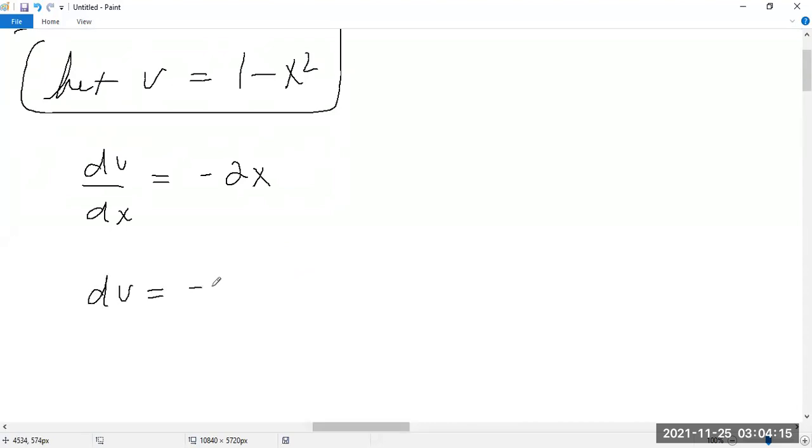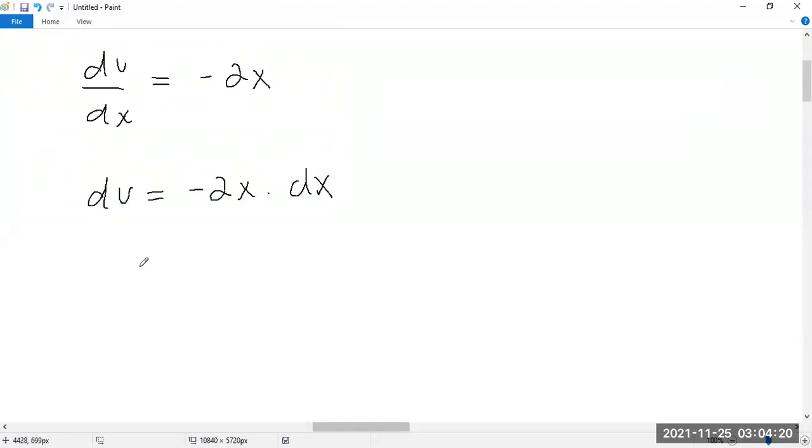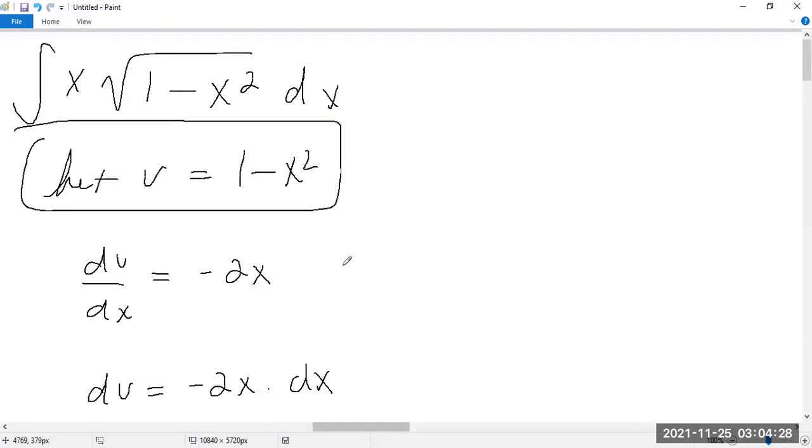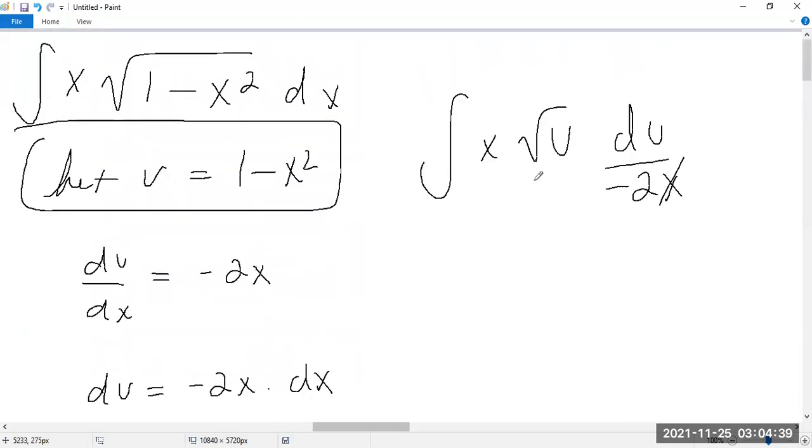So du equals minus 2x times dx, so dx equals du over negative 2x. So we can say that this is x times the square root of u times du over negative 2x. This cancels out.